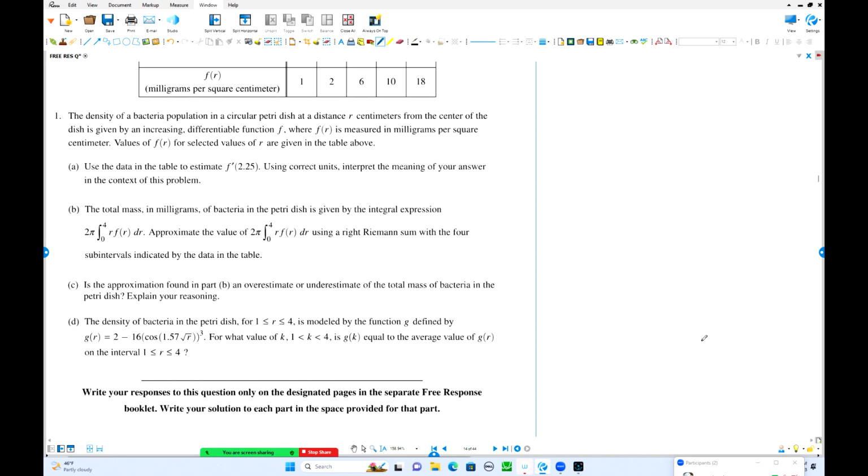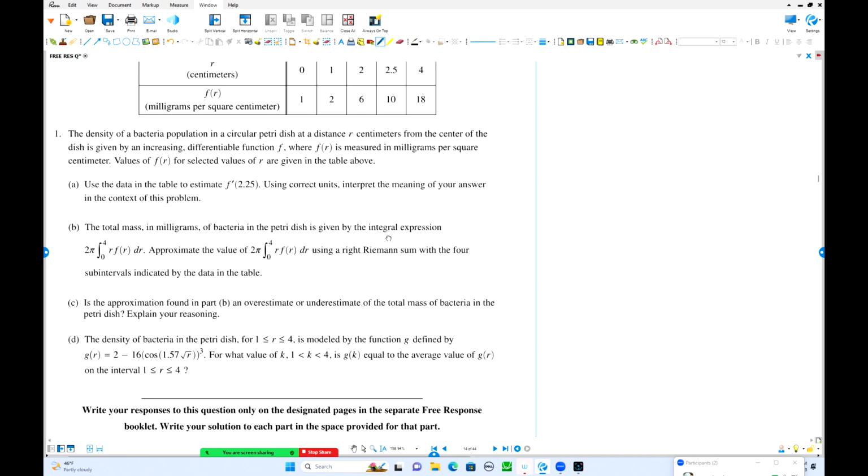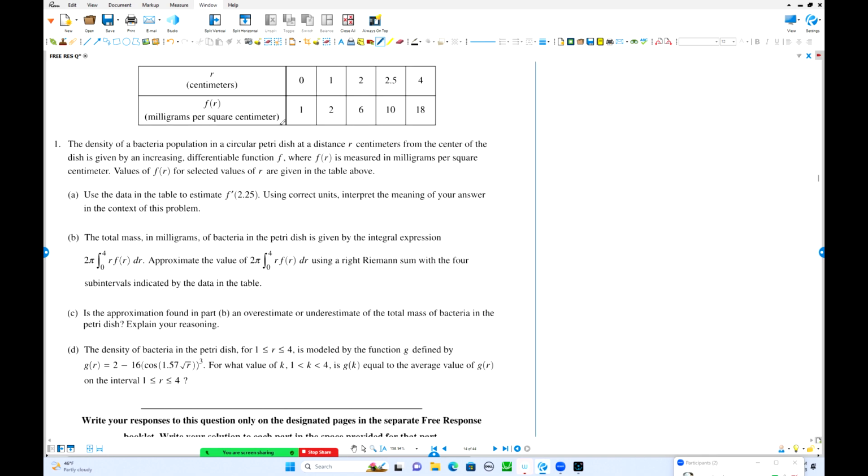The density of a bacterial population in a circular petri dish at a distance r centimeters from the center of the dish is given by an increasing function, measured in milligrams per square centimeter. As we move away from the center, the density increases.